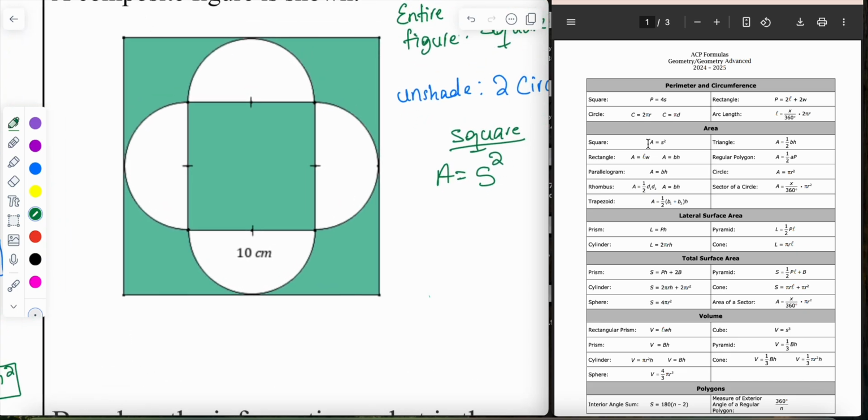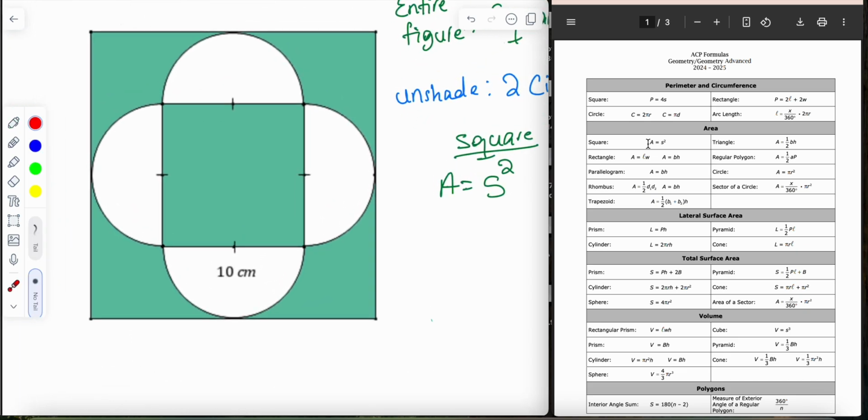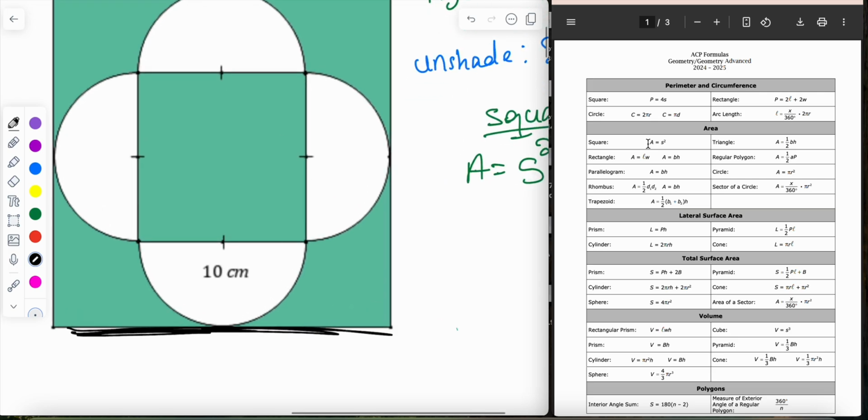So let's go to our square. Notice here, inside here, this is the length of the square that we want. So we want to know what the length down here is. If you notice, it has this 1 mark, 1 mark, 1 mark, 1 mark. Anything that has this 1 mark means that the length is going to be 10. So the length over here is going to be 10 centimeters, 10 centimeters, 10 centimeters.